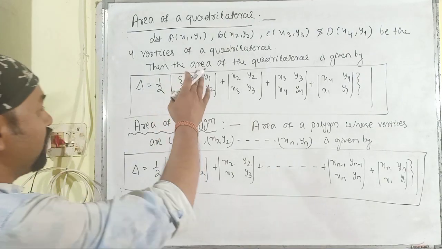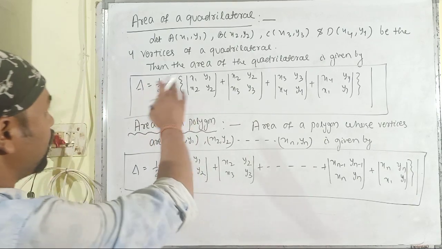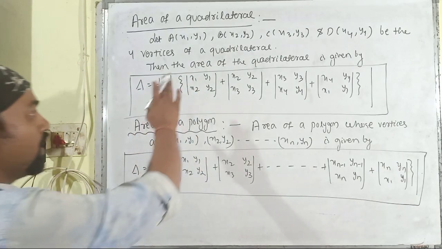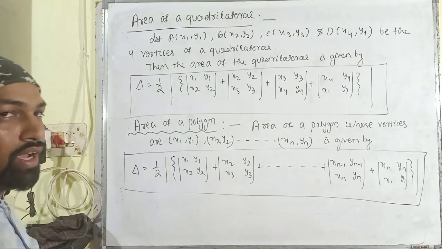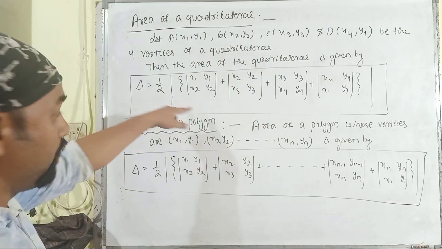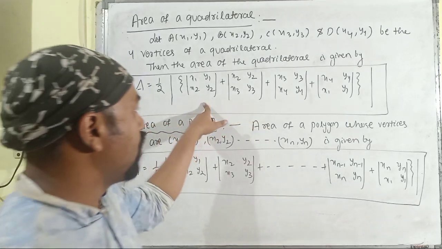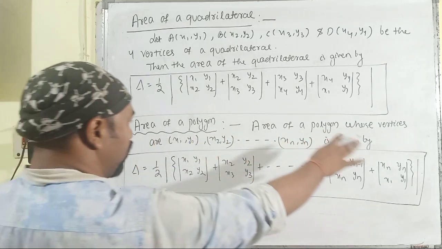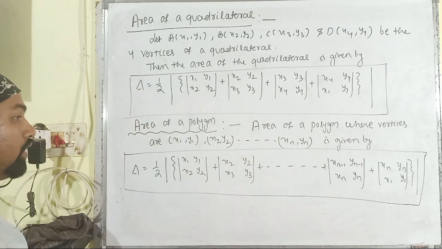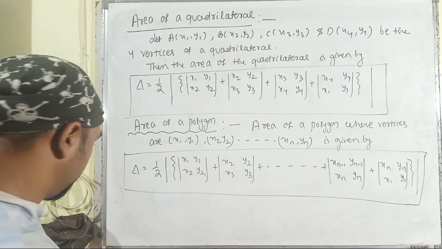Let A(x1, y1), B(x2, y2), C(x3, y3) and D(x4, y4) be the 4 vertices of a quadrilateral. Then the area of the quadrilateral is given by using this determinant method. Delta, or area, is equal to half of the modulus of the sum of these four determinants. Similarly, the area of a polygon can also be represented or evaluated by the following determinant methods.